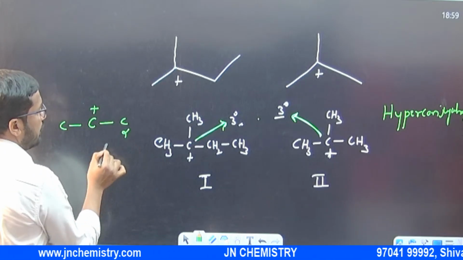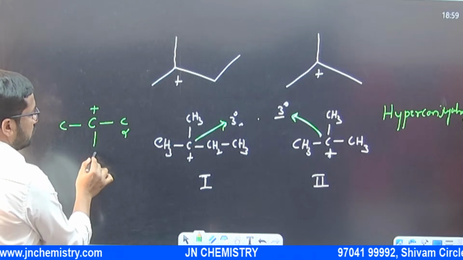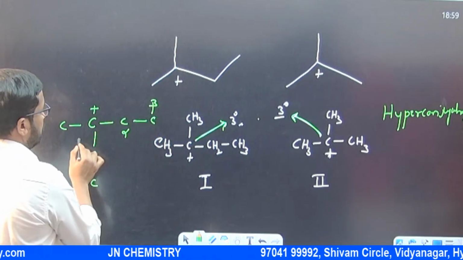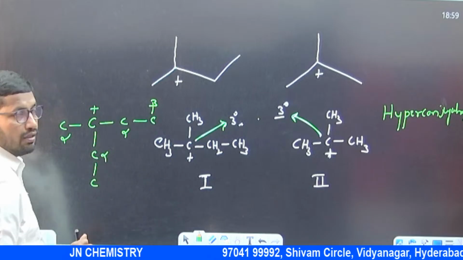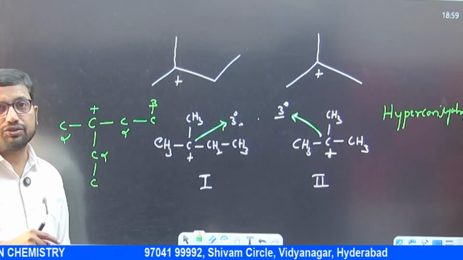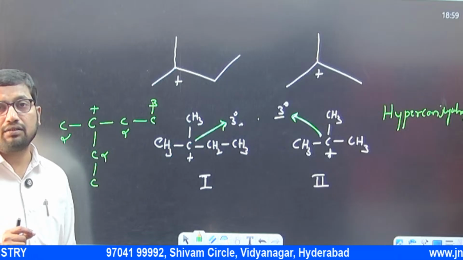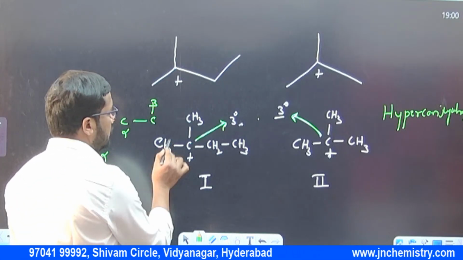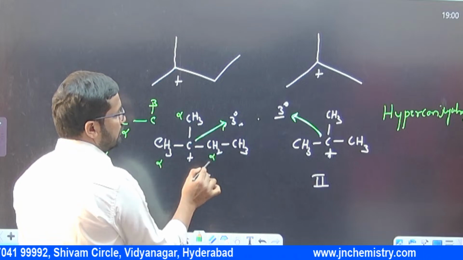This is beta. Alpha, alpha. Alpha carbon is having the hydrogens. Those hydrogens are called alpha hydrogens. Now in this case, this is alpha, this is alpha, this is alpha.